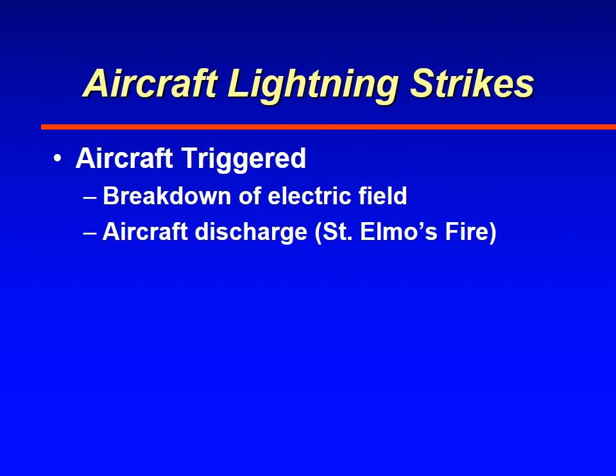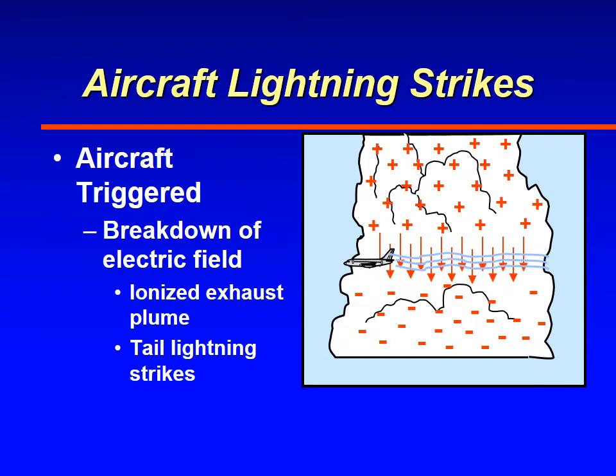And there are two ways that this happens. Either an aircraft can break down the electric field, or it can become so charged that it creates a rapid electrical discharge. The first one we're going to talk about is the breakdown of the electric field, and this is where an airplane is flying through the cloud. As it flies through the cloud, it's flying through an electric field, and the exhaust plume from the jet is very warm. Of course, combustion is a very high temperature.